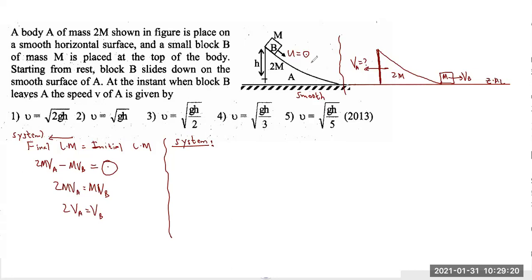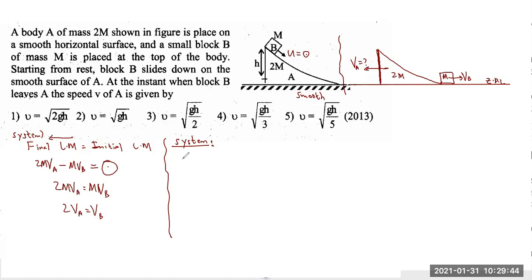Hope you can understand. Initially, both 2M and M are not moving, they are at rest. But M, capital M, is at an elevation. So that's the initial part. And finally, 2M is at its same level, so there we don't have to consider its potential energy. M has come down and it has a kinetic energy. 2M also has a kinetic energy.